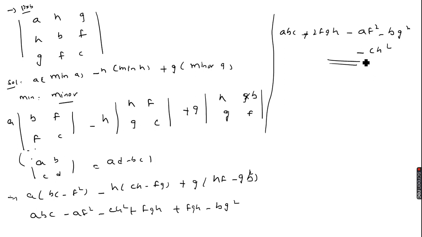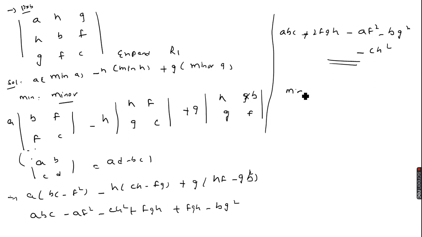So here we do that, expand any row, expand here R1, A into minor of A, here the signs are plus, minus, plus. A into minor of A minus H into minor of H plus G into minor of G. What is this one?